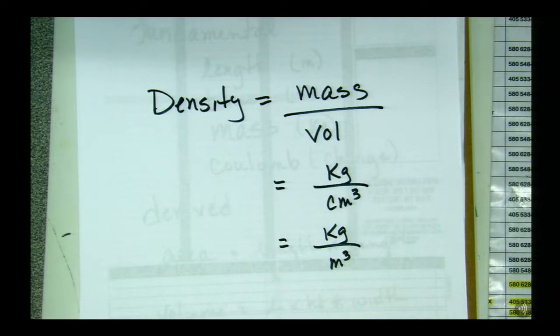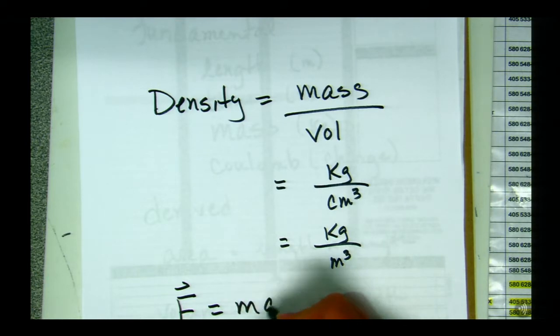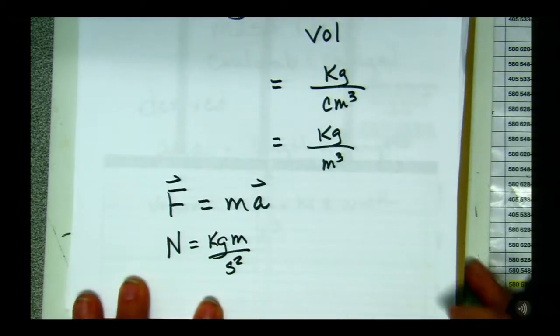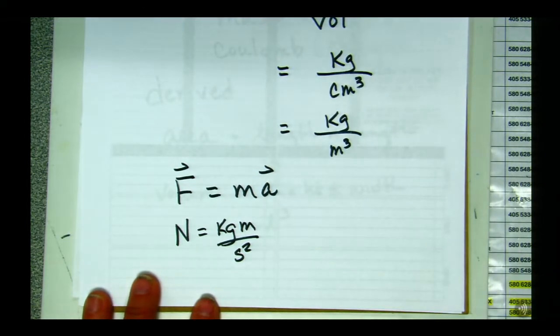So even though we've not done this, Newton's second law, force is equal to mass times acceleration. Our unit of force in the metric system is the newton. It's defined as a kilogram meter per second squared. That's a newton. That's how it's defined. Newton is a derived unit.